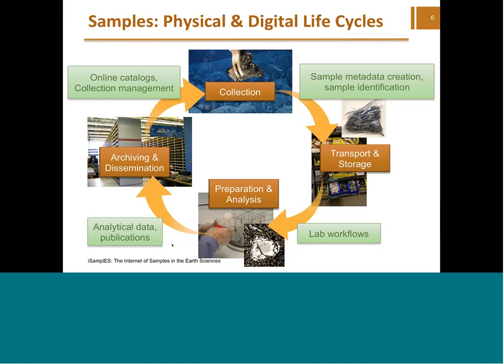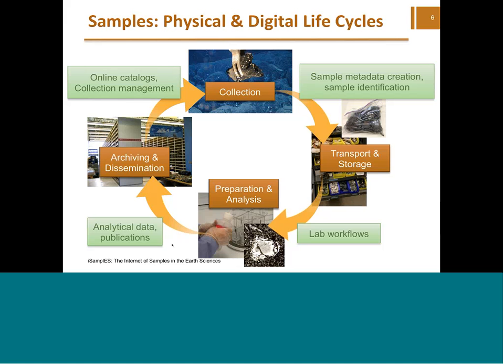At collection of the physical specimen, we generate information about the sample, how it was collected, when, what type of sample it is, and so on, that ideally would be recorded in a digital way and stay with the sample through its life cycle. Usually a sample goes from collection into storage in the lab, where it is processed in preparation of analytical work.